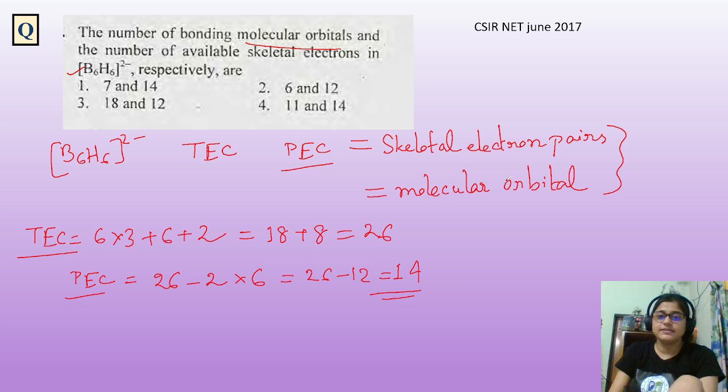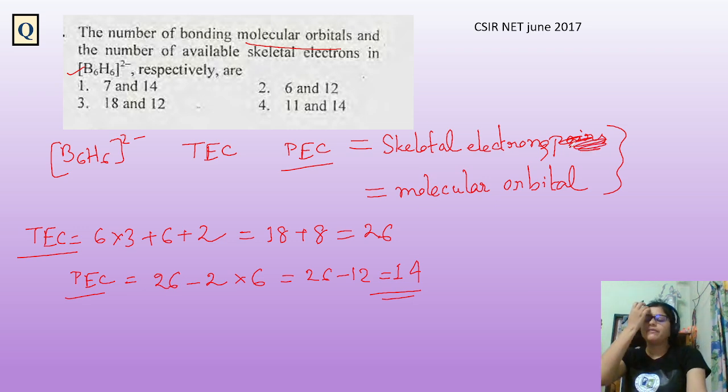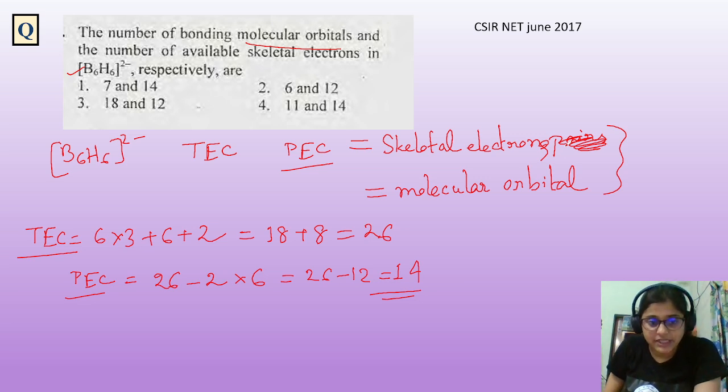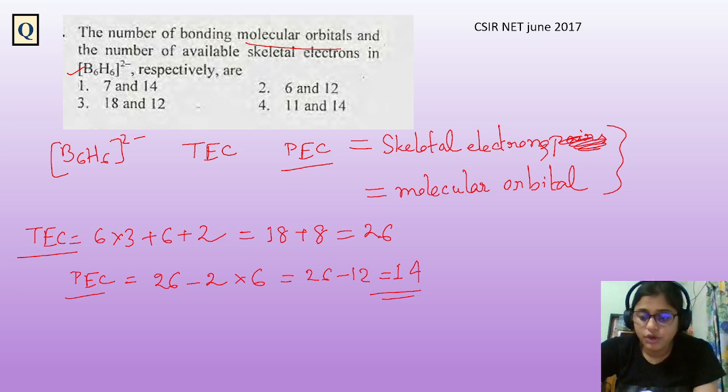Yes, this is actually the polyhedral electrons. What will we do in the third step? In the third step, we divide the PEC by 2, right?